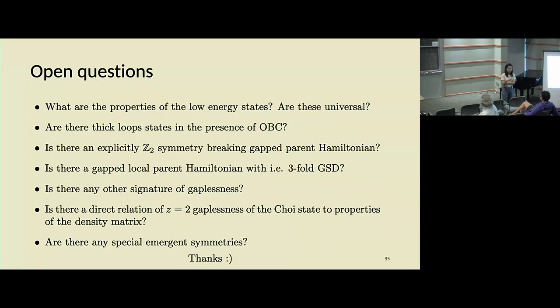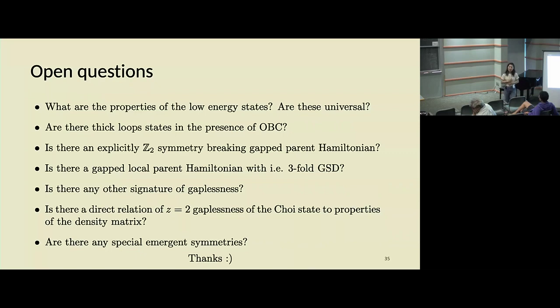Yeah, so for that case, you need L e to the minus 2 beta to be much, much less than 1. If you take the thermodynamic limit first, then these states will never be zero energy states. However, if you take beta to infinity first, then these thick loop states will be zero energy states. So that's a caveat there.